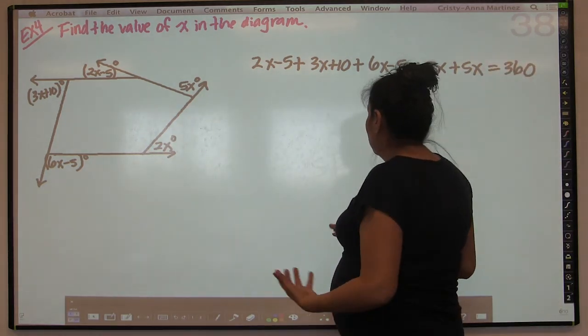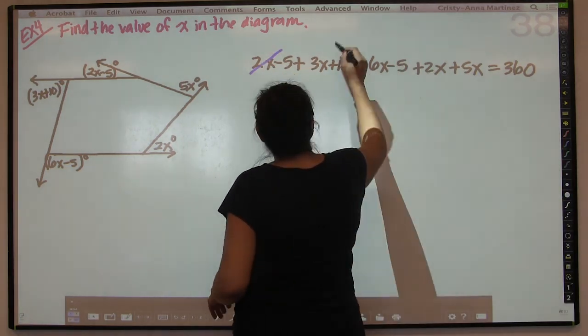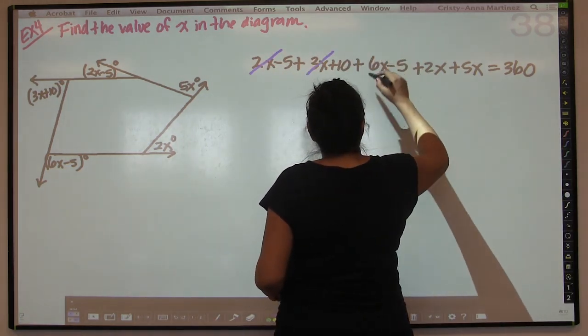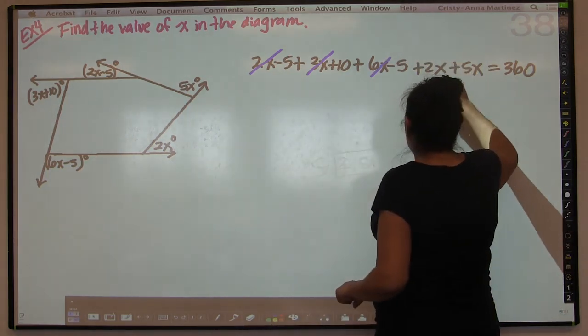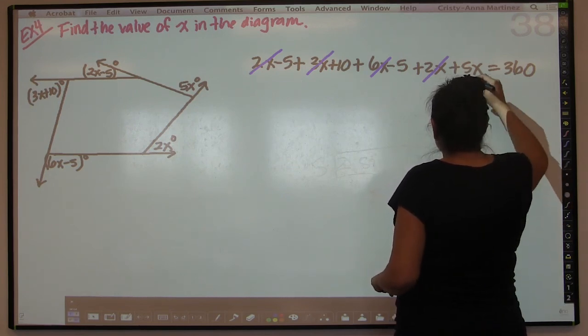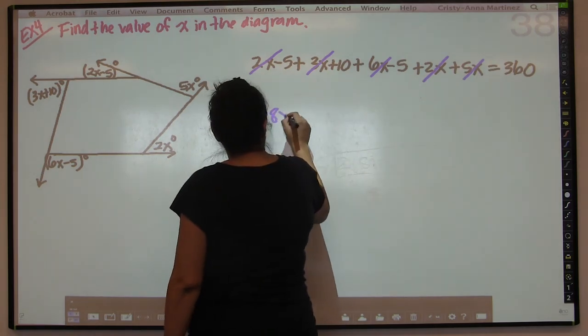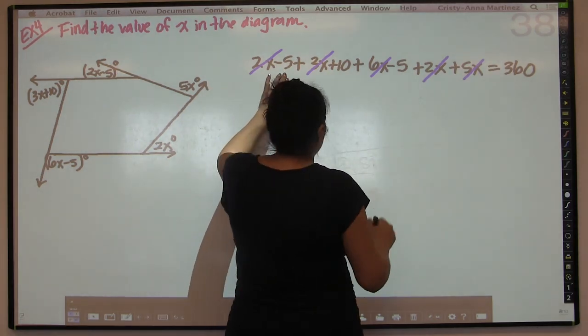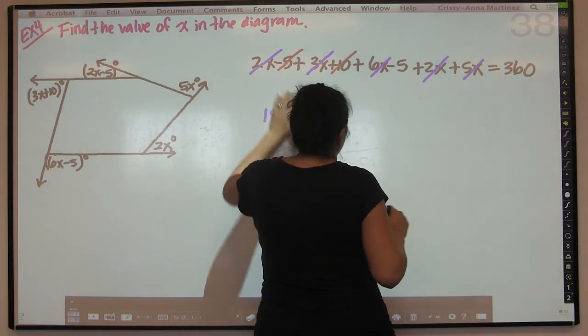So now I want to combine like terms. 2x and 3x is 5x, and 5x and 6x is 11x, and 11x and 2x is 13x, and 13x plus 5x is 18x. Then you have negative 5 and 10, which is 5.